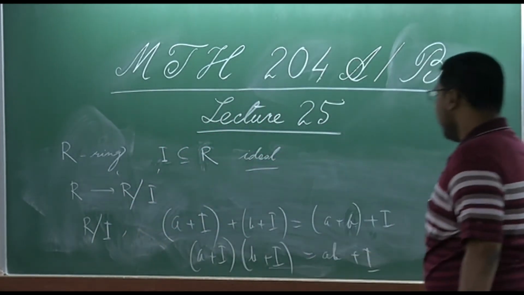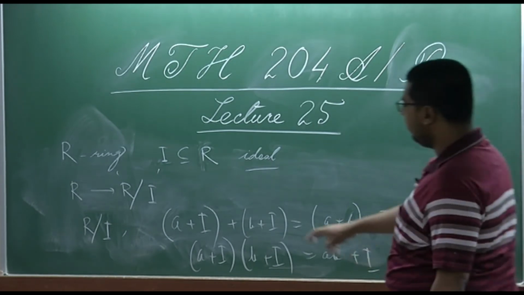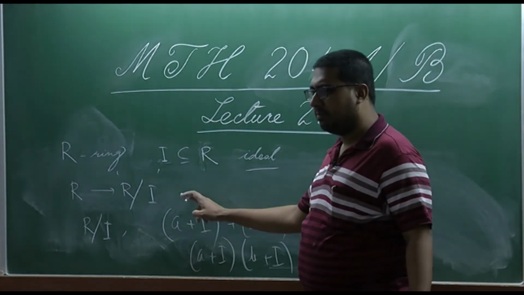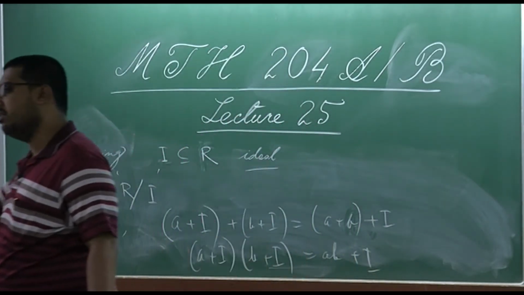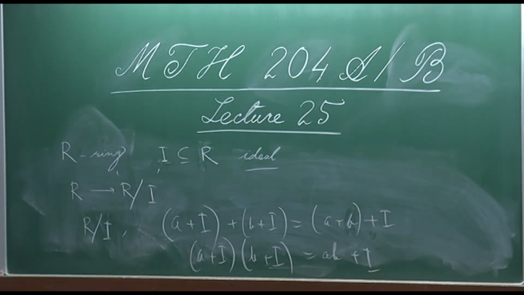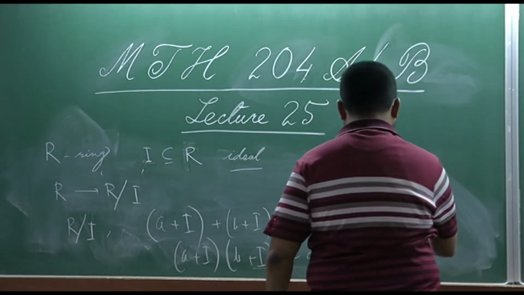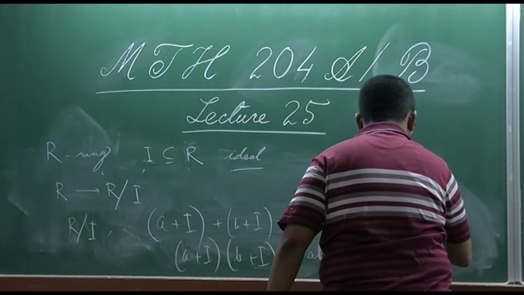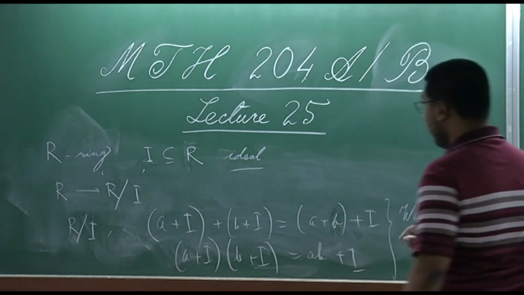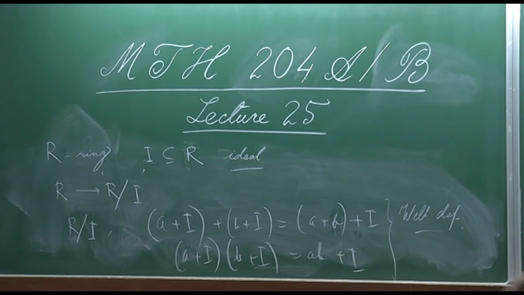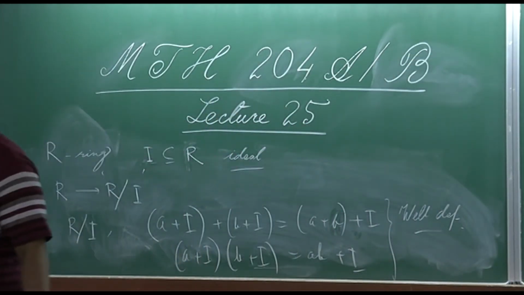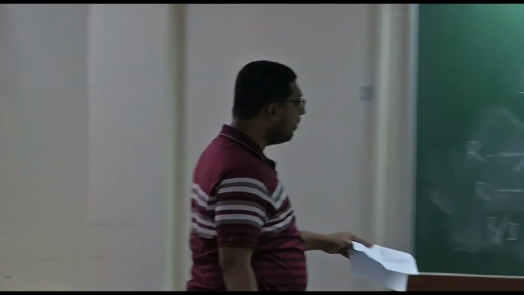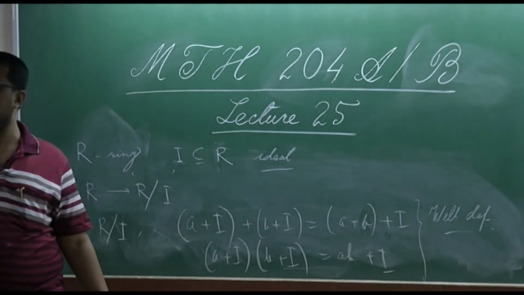Okay, it is easy to see that these are well defined, because if a plus I equals a prime plus I, that means a minus a prime is in I. Similarly b minus b prime is in I, then a minus a prime plus b minus b prime, which is a plus b minus a prime plus b prime, is also in I. So, it is easy to see that this is well defined. Okay. And once this is well defined, it is immediate that R modulo I with respect to these two operations forms a ring. This is called the quotient of R by the ideal I.